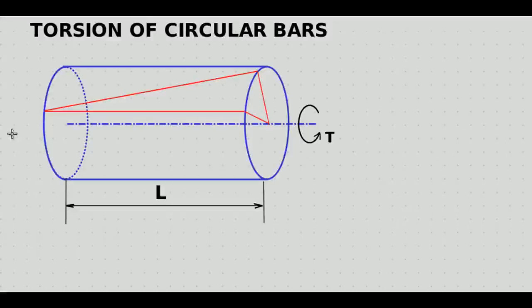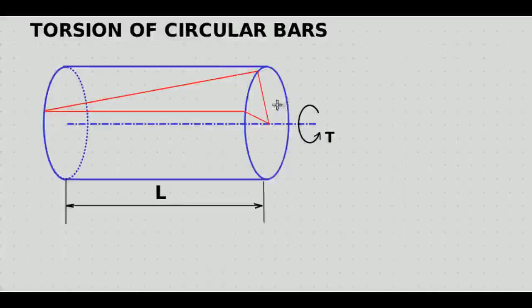In the case of circular bars, we obtained the equations for angle of twist and the shear stresses. Here we consider a circular bar having length L, to which a torque T is applied at this end, and this end is fixed, so there is no rotation here.